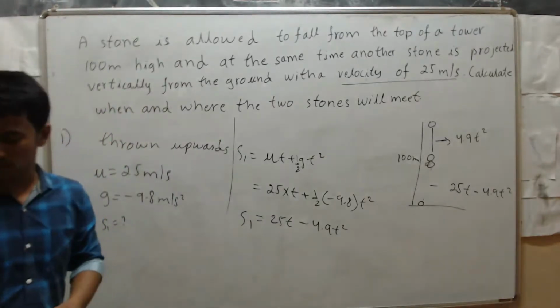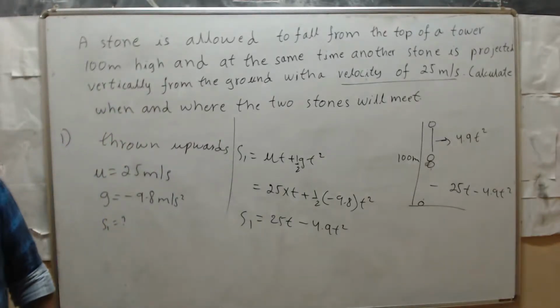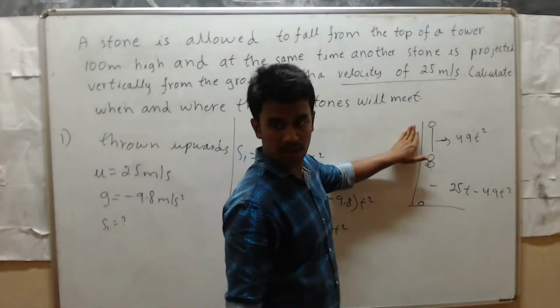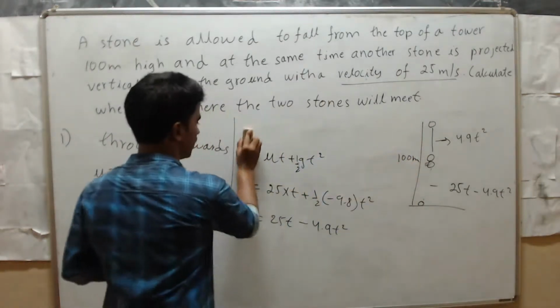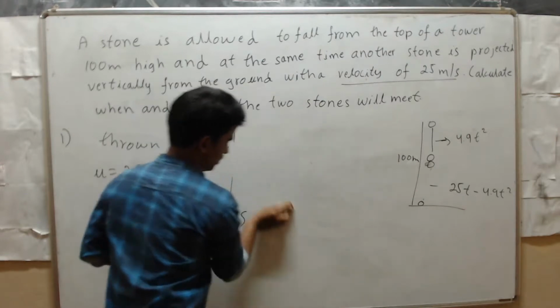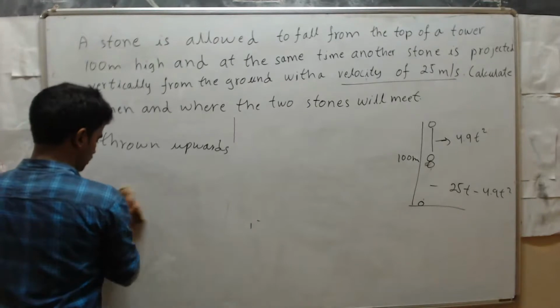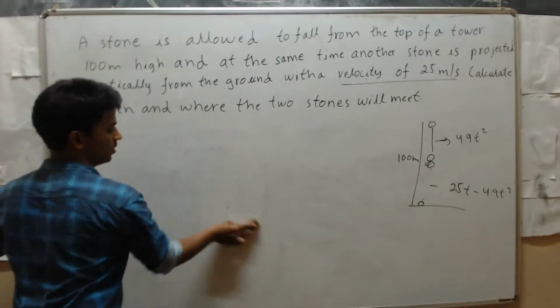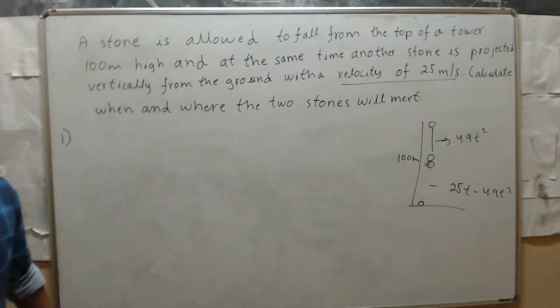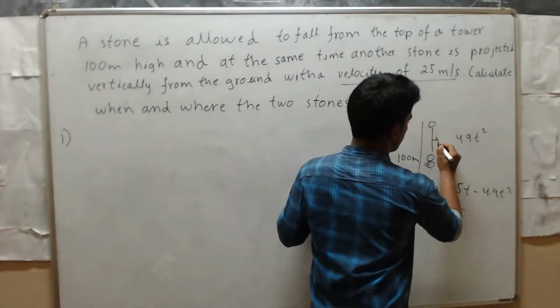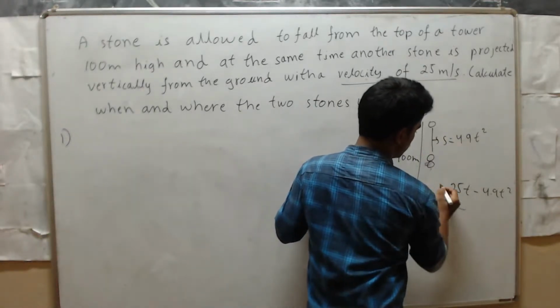They have given that the object is dropped from the tower of height 100 meter. The distance from here to here is 100 meter. So now can I write like this? Here we got this distance s, and this distance s1.